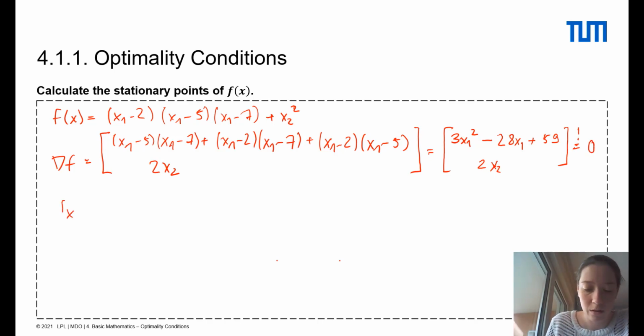So we know that our optimal point x is simply the solution. Both terms have to be 0, so this is just solving the quadratic equation, which I'm sure you all know.